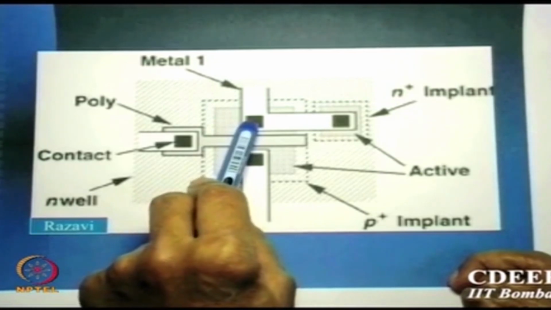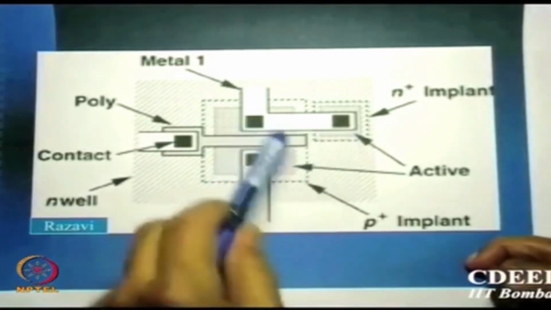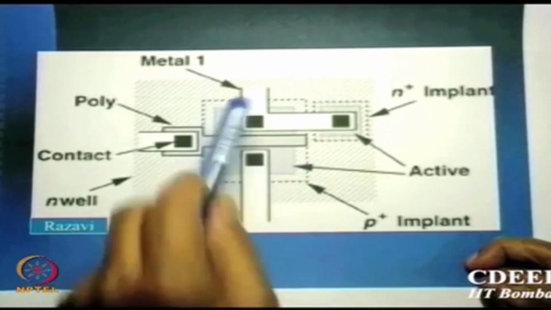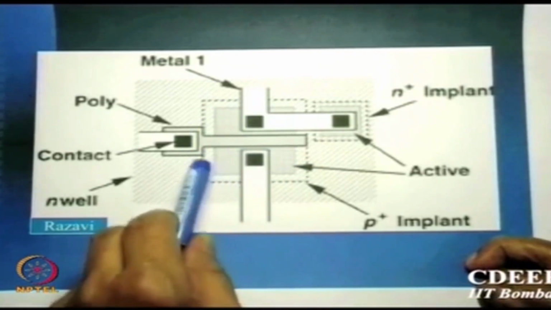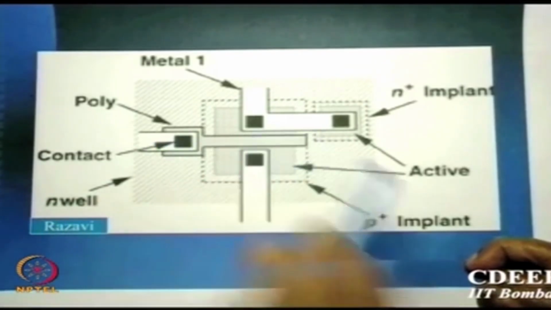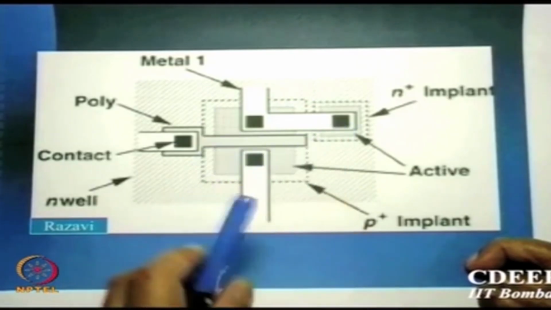More than one metal is possible, and each metal is separated by oxide on top. For this P plus implant for source drain, we then opened a contact to the gate, to the source and to the drain. So this is essentially called active regions.